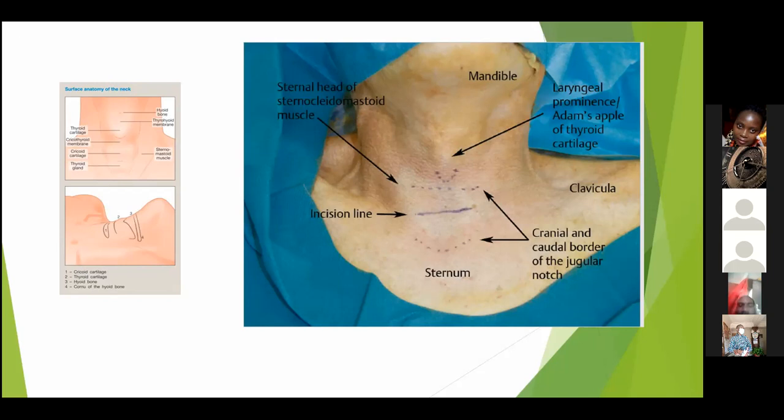That means the obstruction should be at the level of the larynx. If someone is choking and this thing has already gone down their trachea, even if you do a tracheostomy, you're not opening their airway. Their airway is still closed. You cannot help them with the tracheostomy.